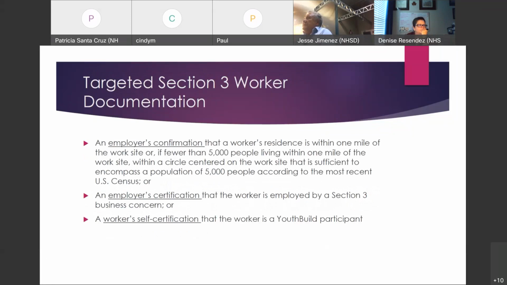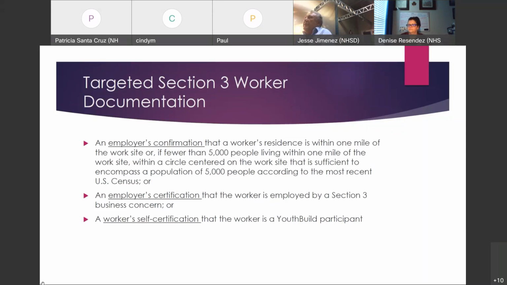So the documentation that would be required for a targeted Section 3 worker would be an employer's confirmation that a worker's residence is within 1 mile of the work site. Or, as we stated earlier, if fewer than 5,000 people live within that 1 mile, we would expand out in a circle centered on that work site until we encompassed 5,000 people.